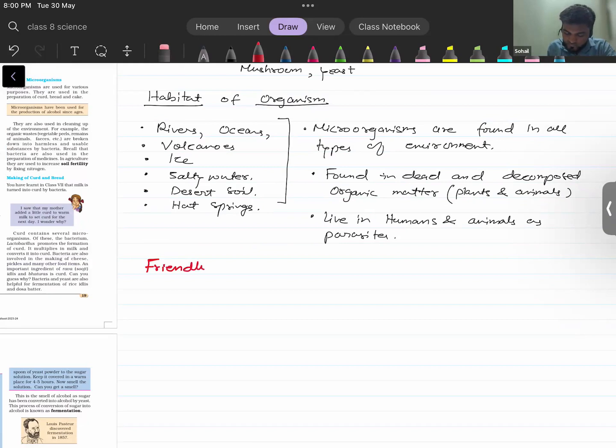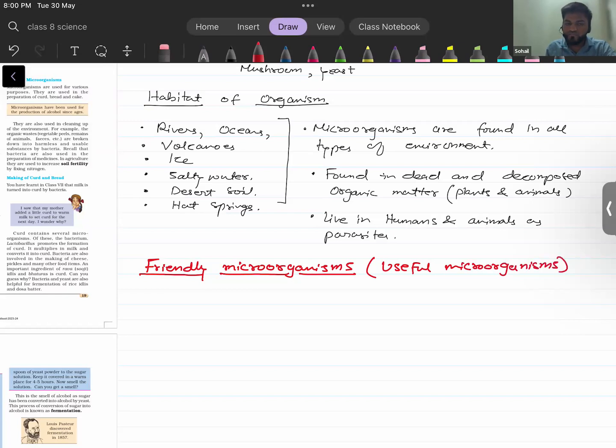Think of some microorganisms which actually benefit us. Remember Lactobacillus. Very good.